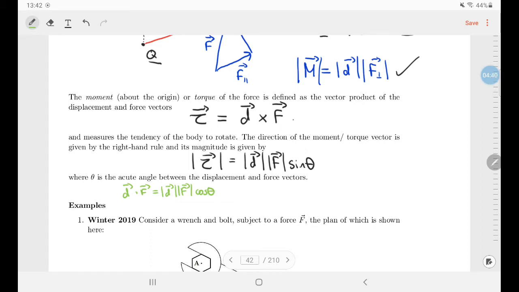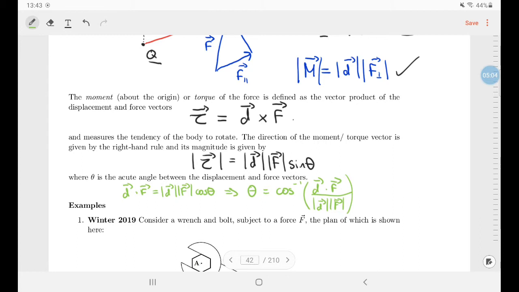So with a bit of work, you can find the angle between the two vectors of displacement and force, and then you can use this formula. But usually I'm going to ask you for the full vector anyway.